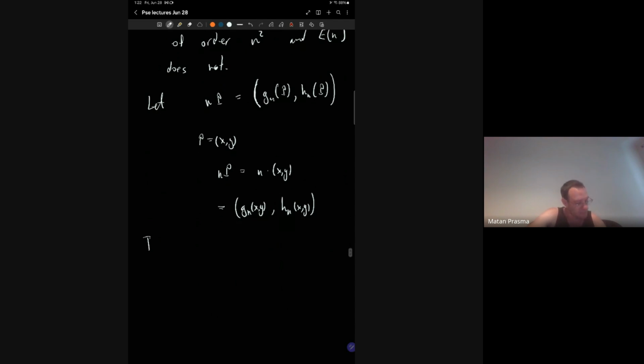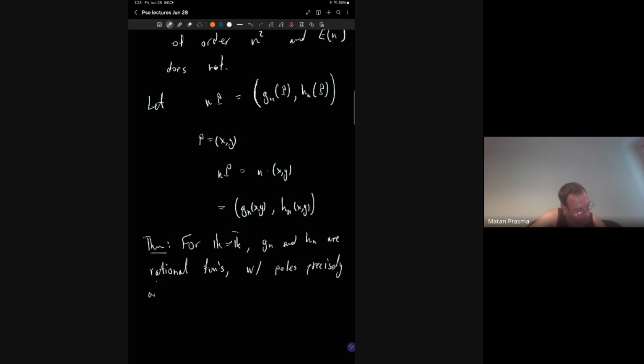So I claim, for K algebraically closed, gn and hn are rational functions with poles precisely at En.